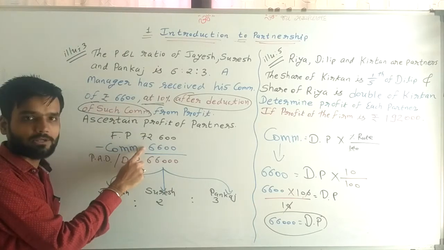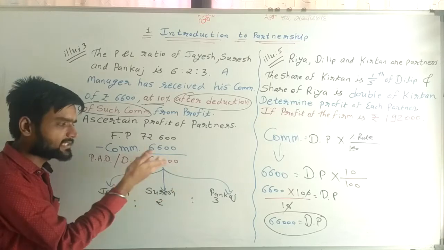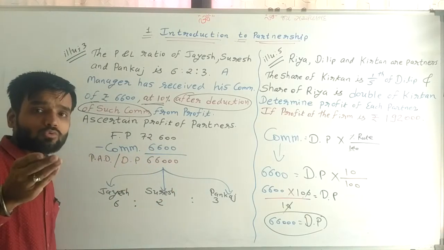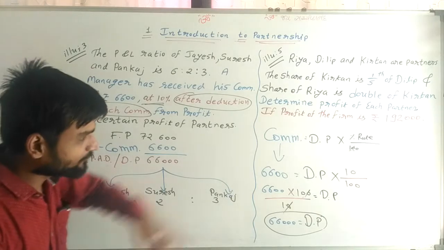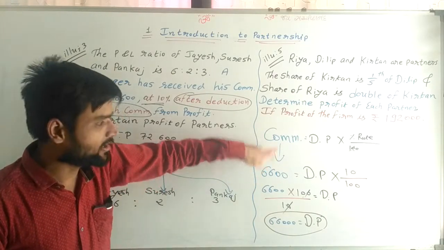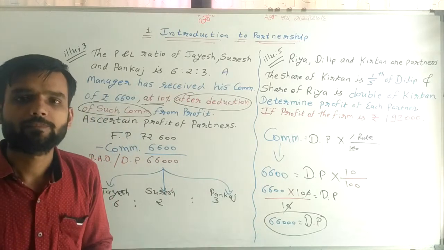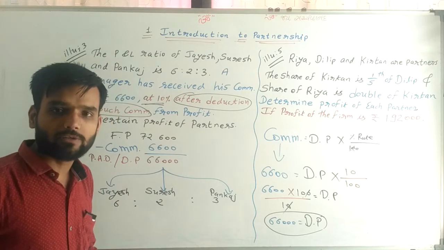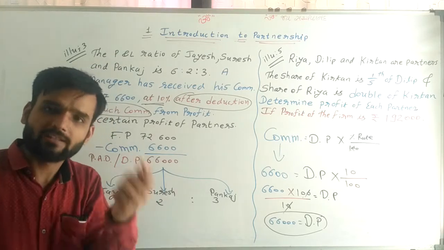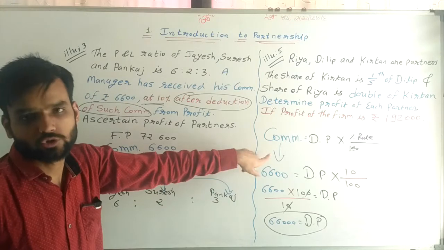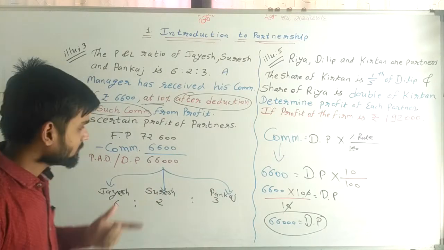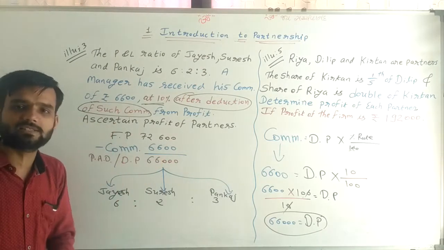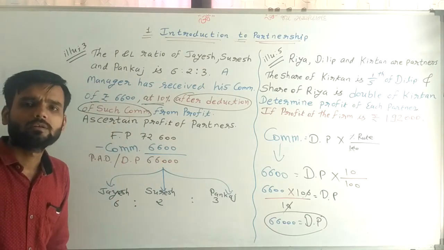So firm's profit minus commission, the answer is 66,000 rupees. Here also we can get the answer easily. But to explain the second formula, I have done it in this way. Solve this formula and get the answer directly, the divisible profit. That I want to show you, and that's why I solved it here. Otherwise, 72,600 minus 6,600, you will get 66,000, the simplest one.